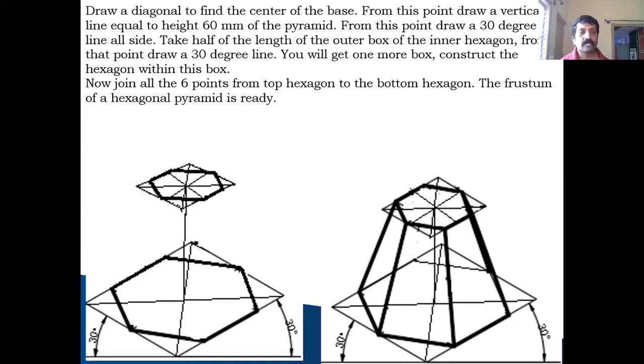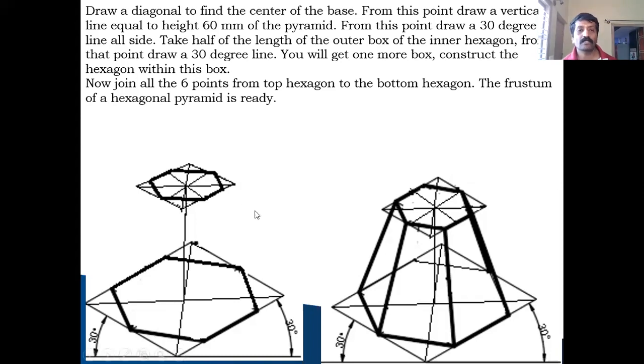Once you get this point, from here as usual you draw the 30-degree line on either side, to the four sides of this particular point which I have selected. After drawing this 30-degree line, you have enclosed the inner hexagon also within a box.